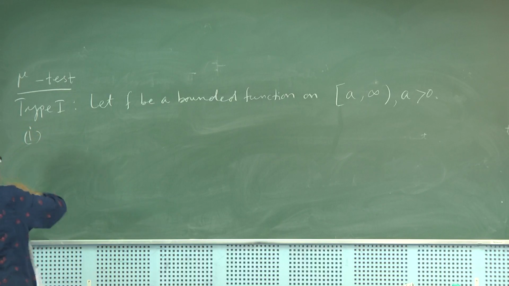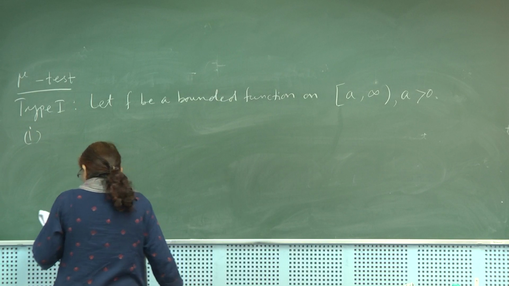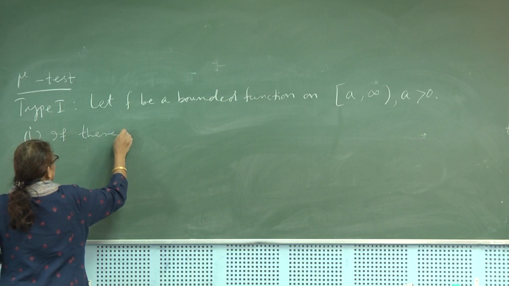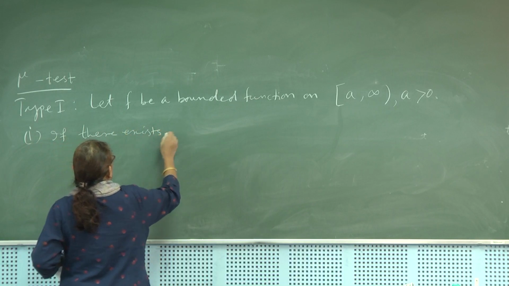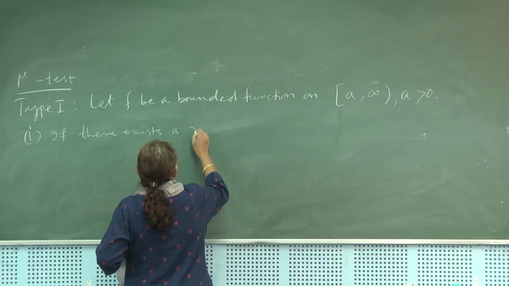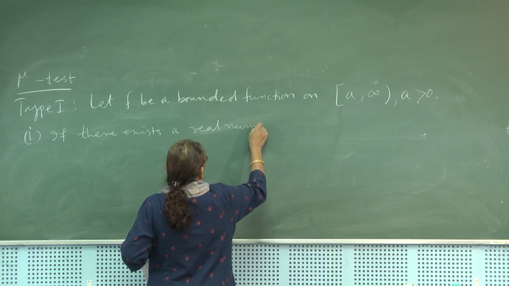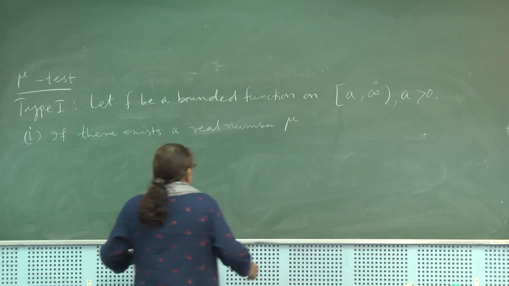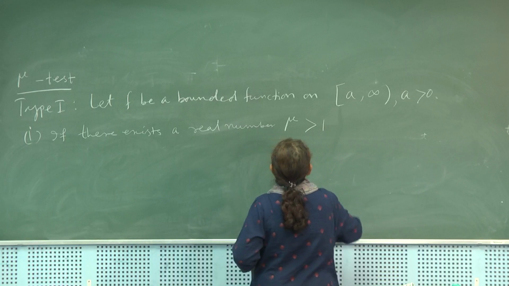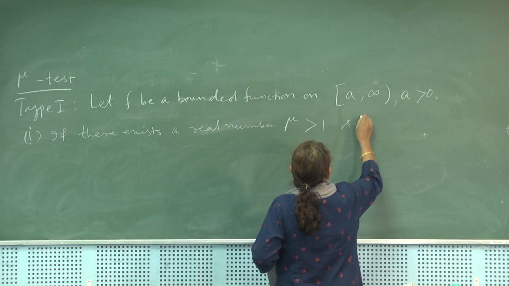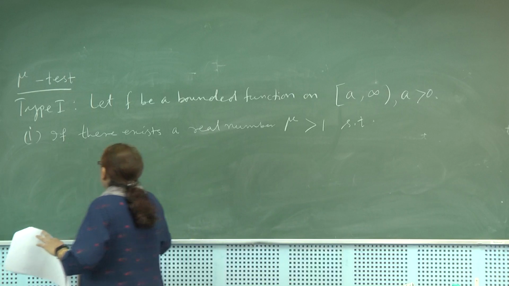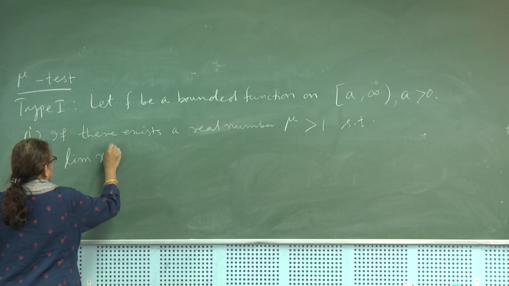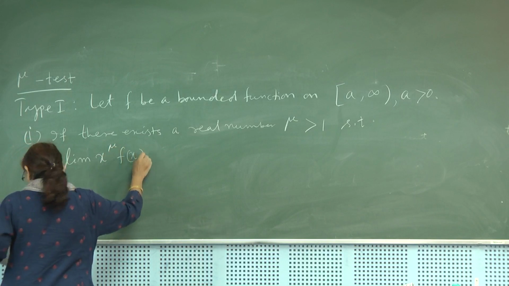So, here, the first condition we get is that if there exists a real number mu, with mu greater than 1, such that we have this condition: the limit as x goes to infinity of x to the power mu multiplied by this function f x.